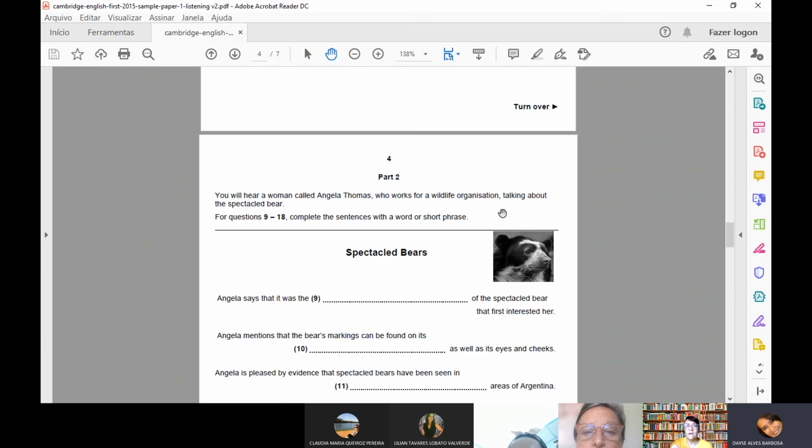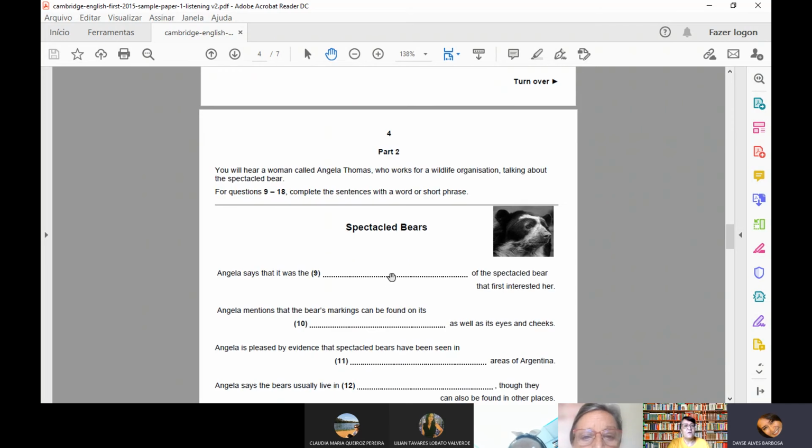how can I say, a very strict number of words to write, but usually the number of words you write here is between 1 up to 3. I have never seen more than 3 words written here in this part of the test for listening, okay? So no more than 3.